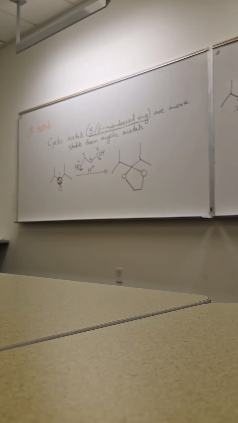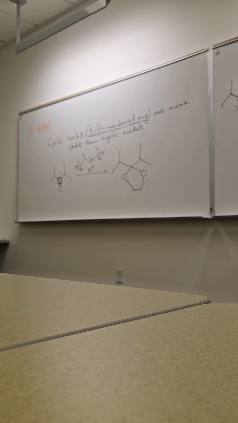And what is this going to do? There's no leaving group yet. What does it need to do? Same mechanism, guys. There's no difference. It will donate a proton, deprotonate, because there's an extra proton there.